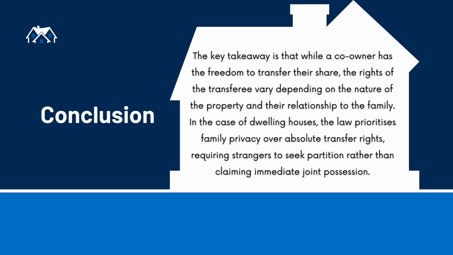The key takeaway is that while a co-owner has the freedom to transfer their share, the rights of the transferee vary depending on the nature of the property and their relationship to the family. In the case of dwelling houses, the law prioritizes family privacy over absolute transfer rights, requiring strangers to seek partition rather than claim immediate joint possession.